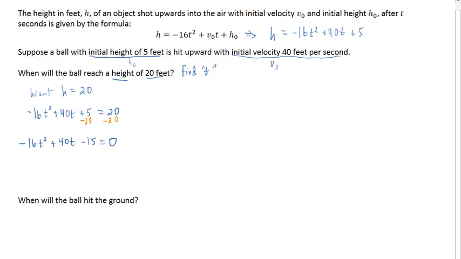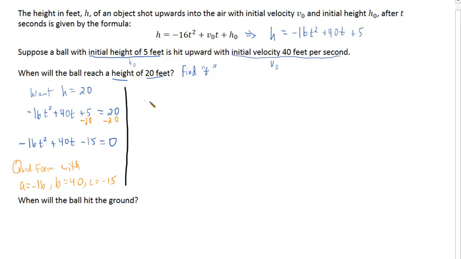Now, I'm not going to even try to factor this. I'm going to go straight to the quadratic formula. So let's apply the quadratic formula, with a equal to negative 16, b equal to 40, and c equal to negative 15.